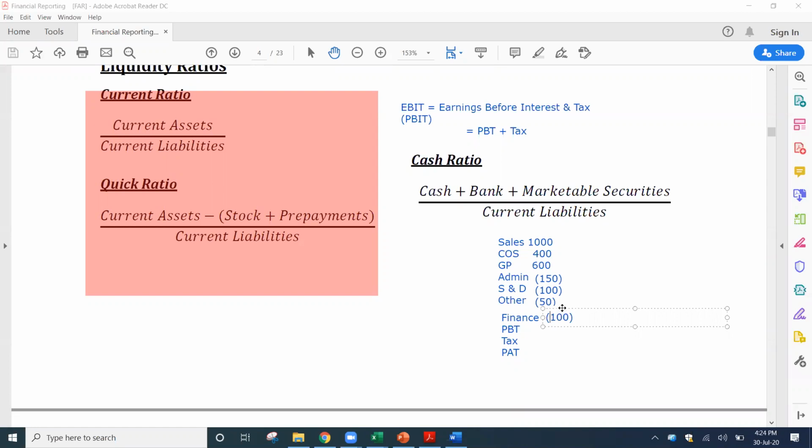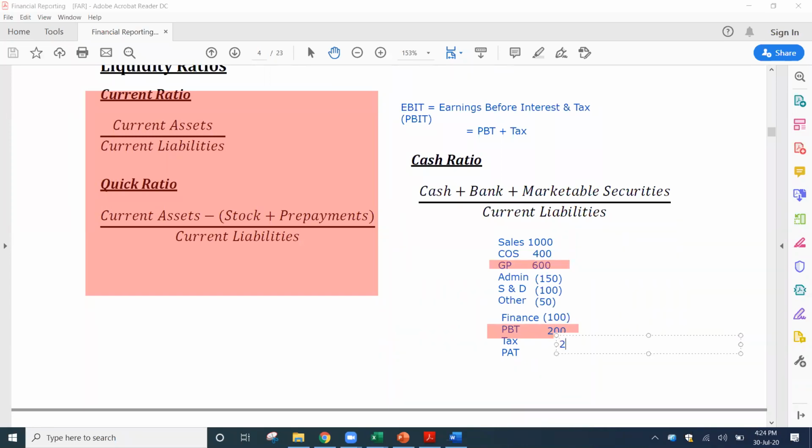So your profit before tax for this will be: gross profit is 600, then deducting 150, 200, 400, profit before tax is 200.